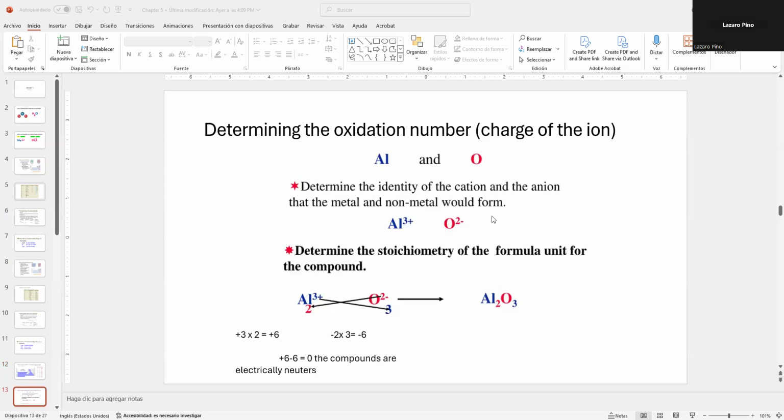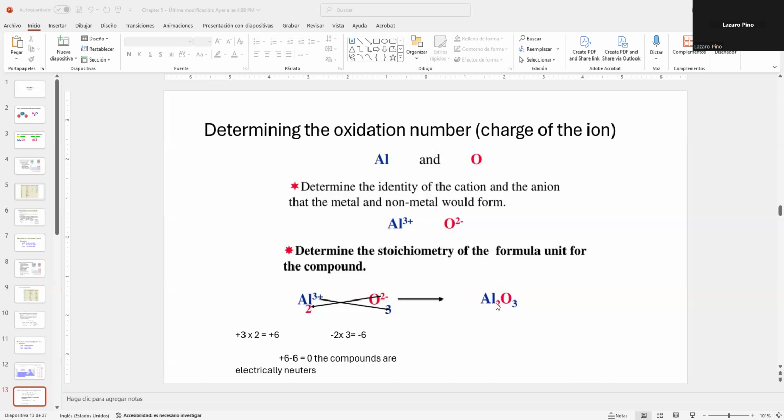Then we write the charges of the cation and the anion. And what do we do then? Well, the 2 from oxygen goes as subscript of aluminum, and the 3, only the number, not the sign, goes as subscript of the oxygen. So the formula will be Al2O3.